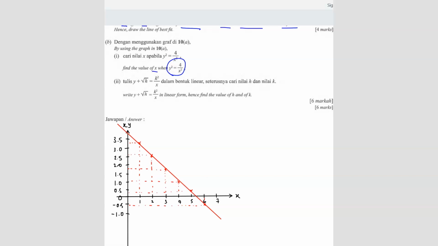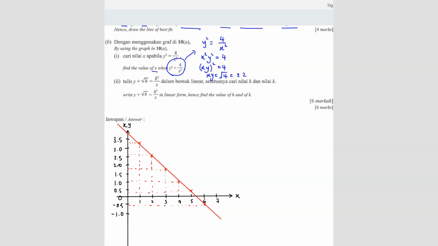But they gave you this equation, and you can change it. y squared equals 4 over x squared, therefore x squared y squared equals 4. So I can change it into xy format. That means xy equals the square root of 4, which is plus or minus 2.